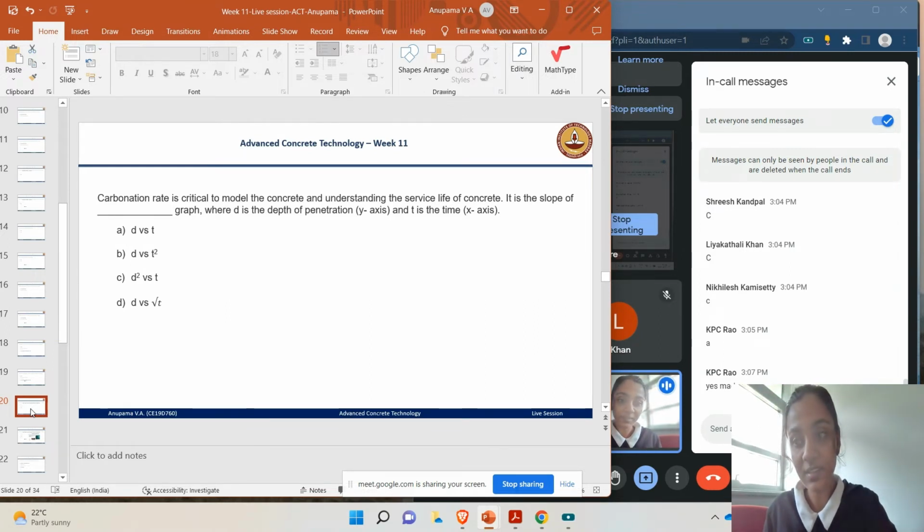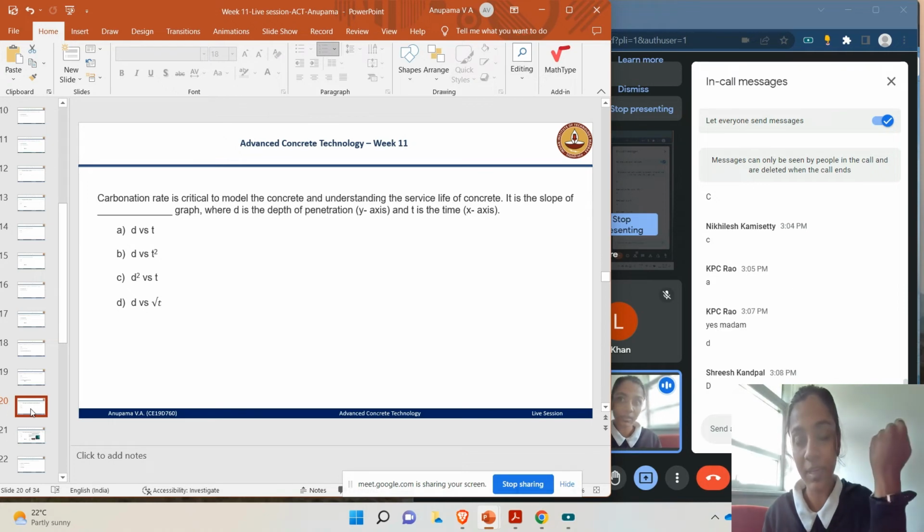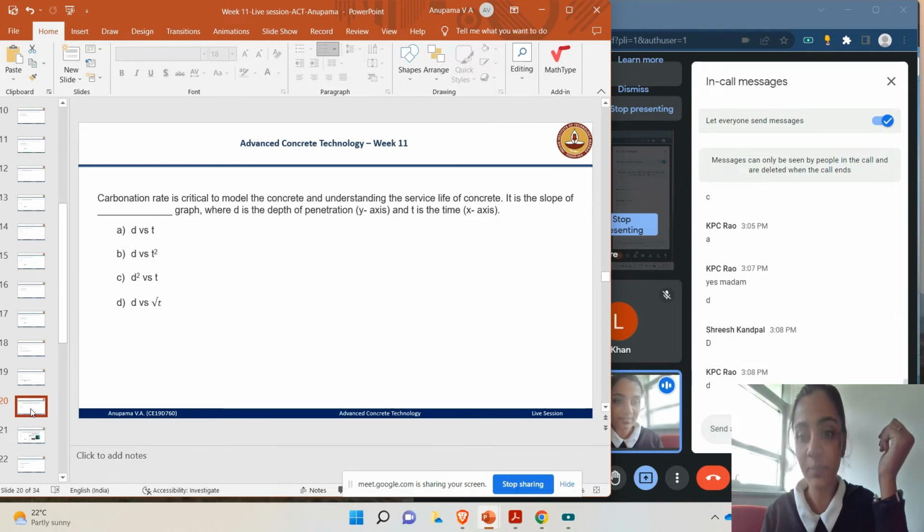Generally, the depth is mentioned in the y-axis and time is mentioned in the x-axis. So is it d versus t graph which gives a slope equivalent to the carbonation rate, or is it d versus t square graph, or d square versus t graph, or is it d versus root t graph?